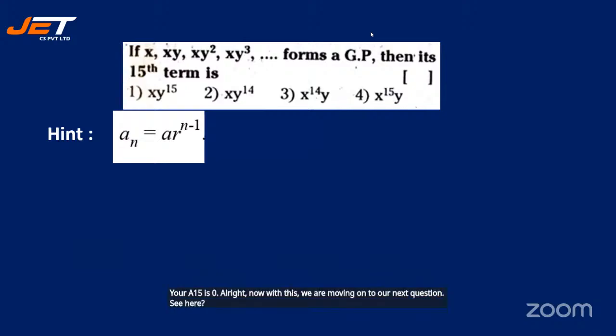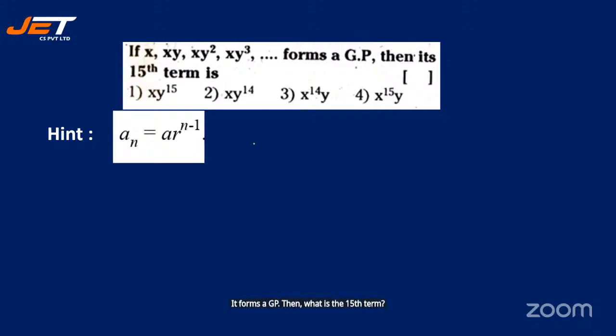See here. If x, xy, xy square, xy cube and so on form a GP, then what is the 15th term? So here they have given the value, what formula to use? AN. Isn't it? So A15 is equal to A R to the power 15 minus 1, that is 14. So now what is A here? x. Right? So what is R? R is second term divided by first term.